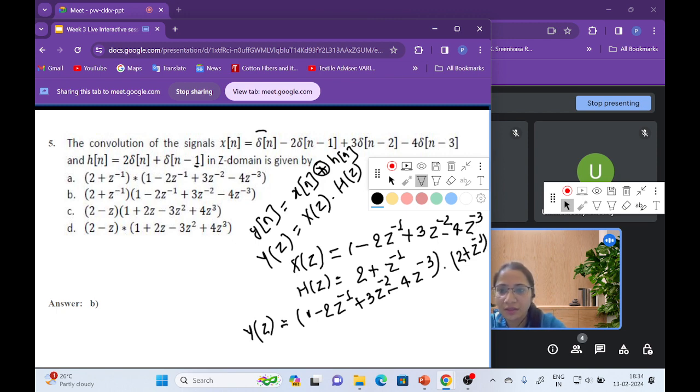Just match this. So this is a convolution operator, so this is the first incorrect option. Just match with option B, 2 plus z inverse multiplied by 1 minus 2 z inverse plus 3 z to the power minus 2 minus 4 z to the power minus 3. So the correct option will be option B for this question.